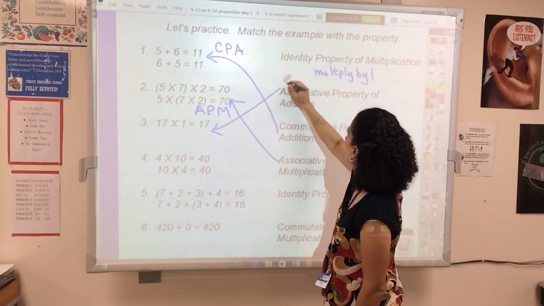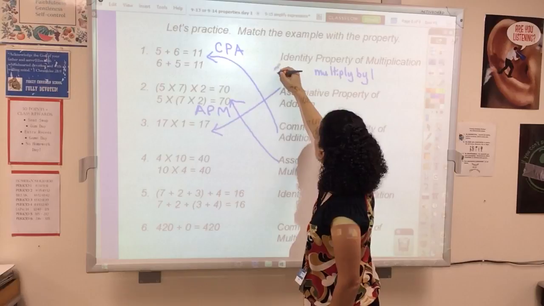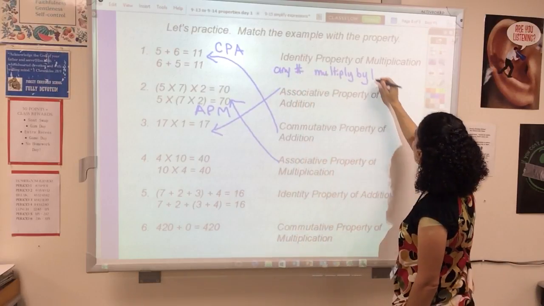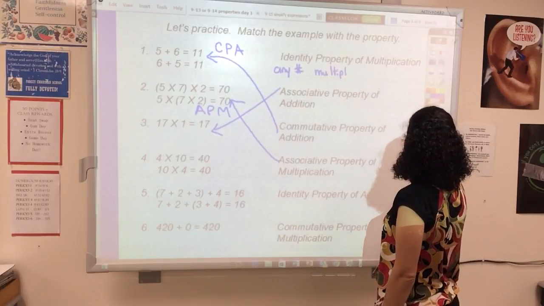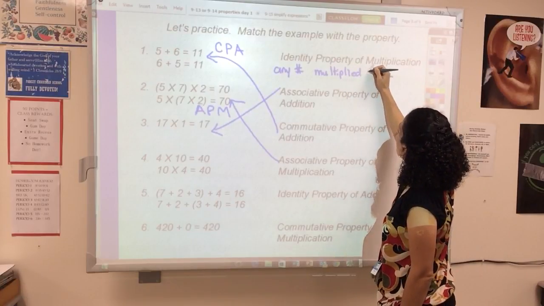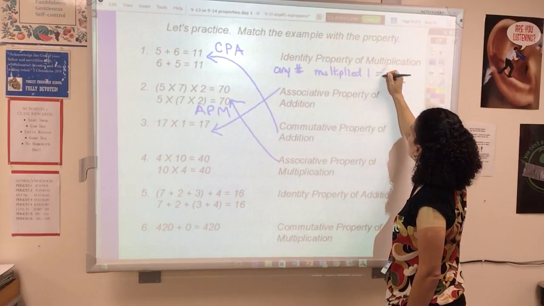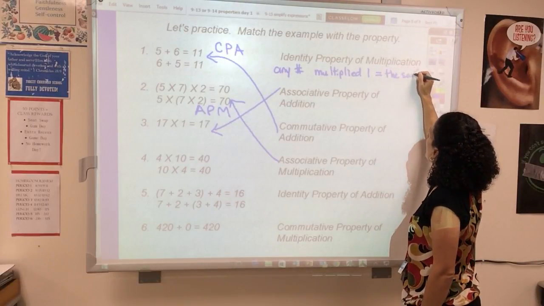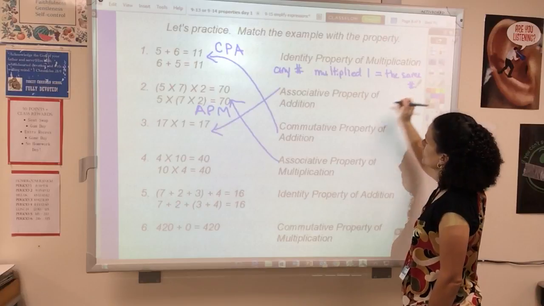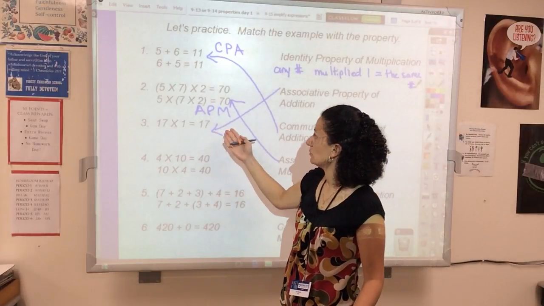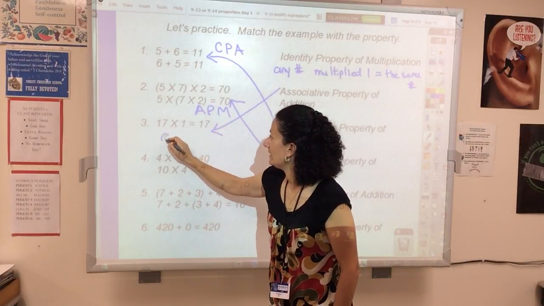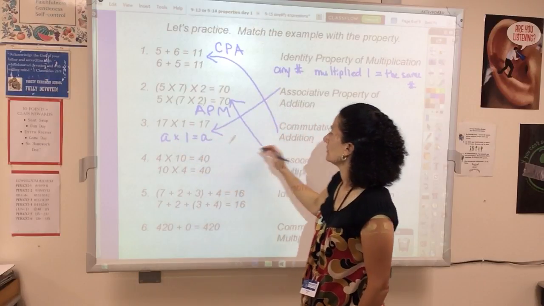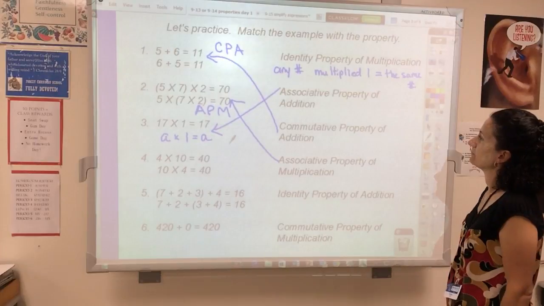Let me rephrase that. Any number multiplied by 1 gives you that same number. And again, you can use this as an example. 17 times 1 is 17. Anything times 1 is going to give you that same number. So that's the one we didn't talk about.